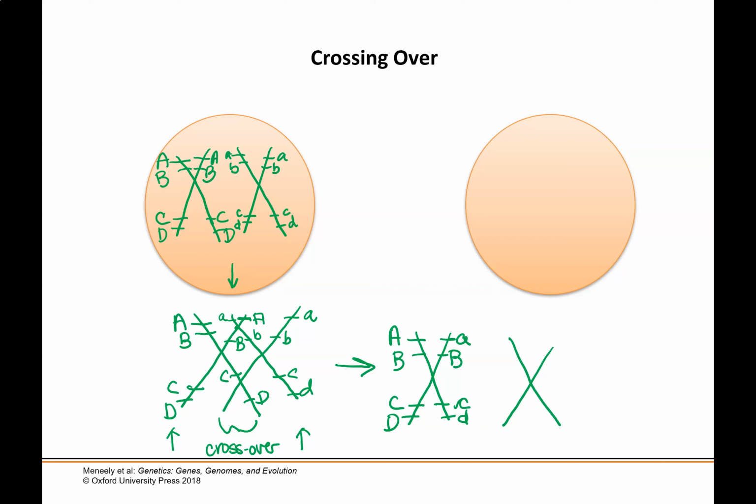This one should be the capital still. So the parent one, the crossed over one with the lowercase genes there. So this one here, we're going to see the opposite crossover.